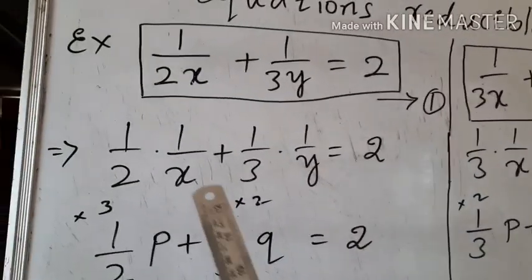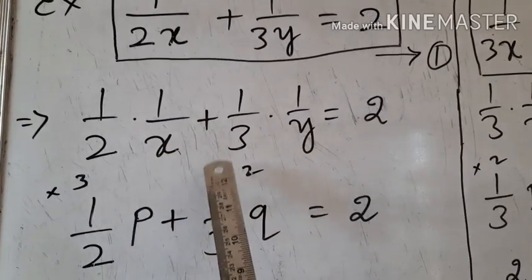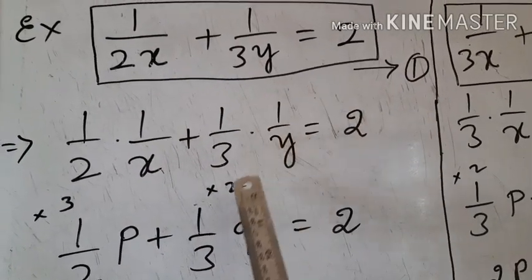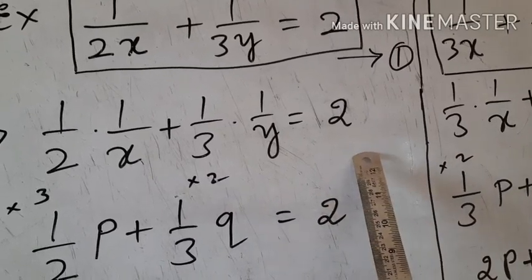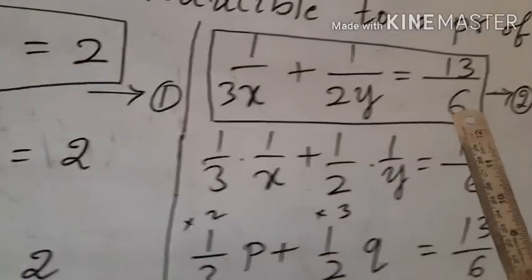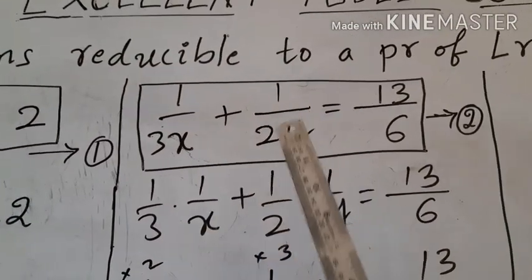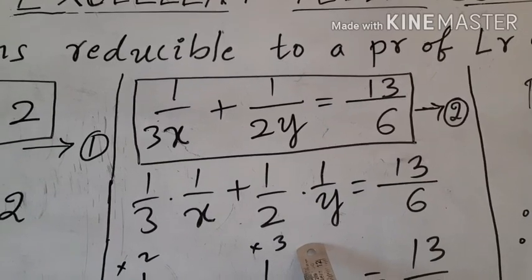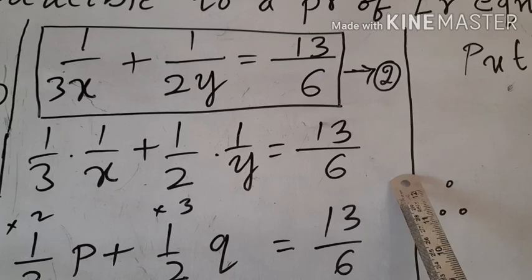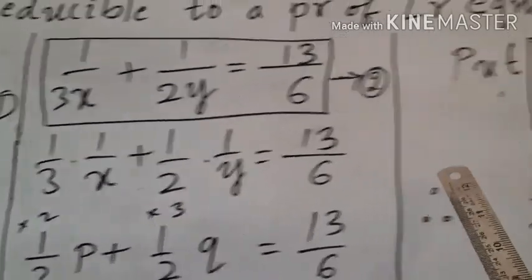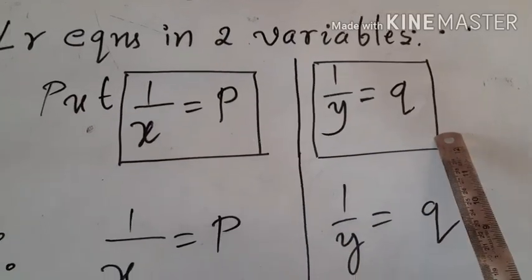Look at this. 1 by 2x can be written as 1 by 2 into 1 by x, plus 1 by 3y can be written as 1 by 3 into 1 by y, is equal to 2. And similarly, 1 by 3x is written as 1 by 3 into 1 by x plus 1 by 2y is written as 1 by 2 into 1 by y, which is equal to 13 by 6. Now what we do is, we will put 1 by x is equal to p and 1 by y is equal to q.